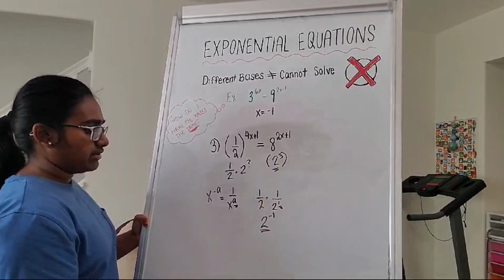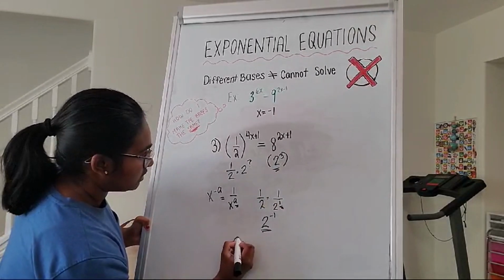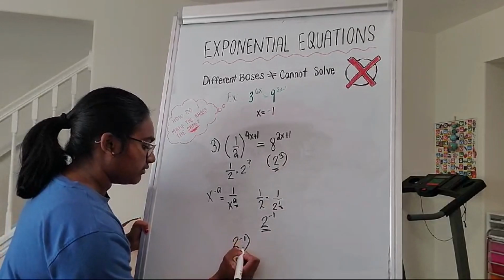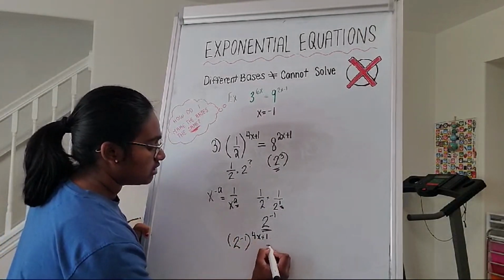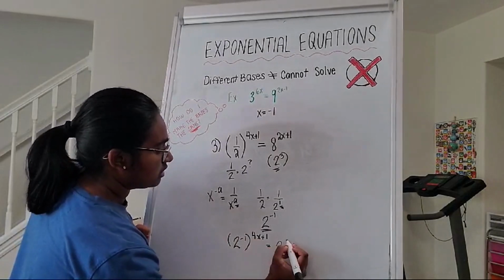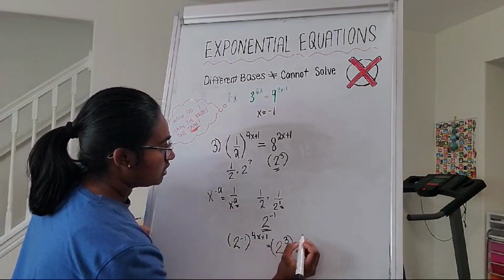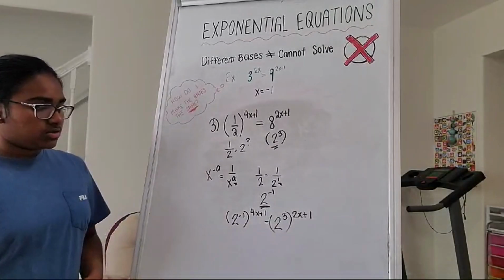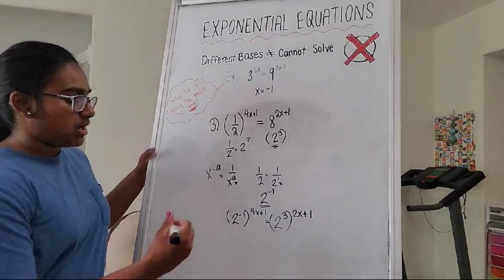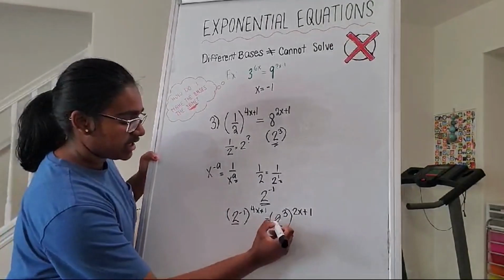Now let's rewrite this equation. 2 to the negative 1st power, raised to 4x plus 1, is equal to 2 to the 3rd power, raised to 2x plus 1. So, like the previous problems, we can get rid of the bases because they're the same.